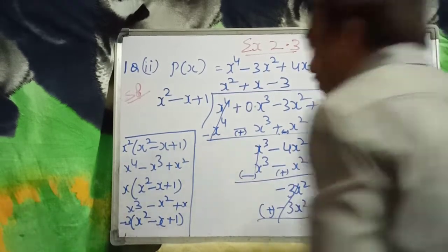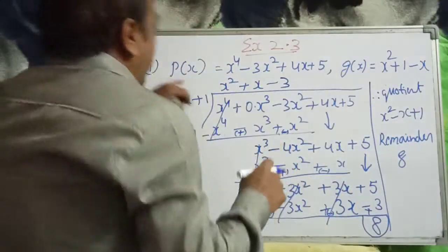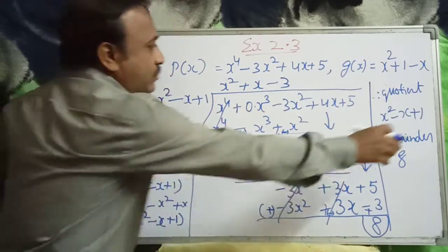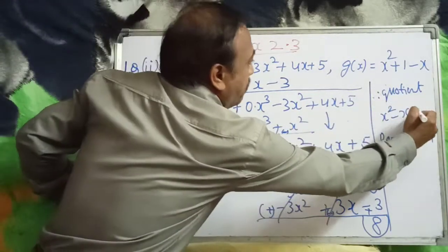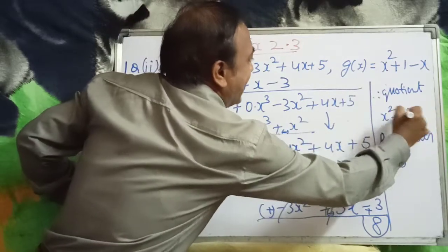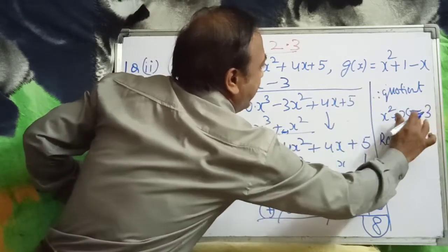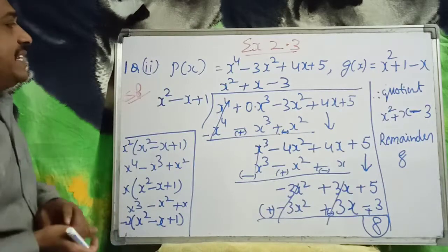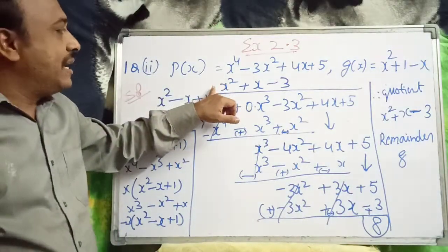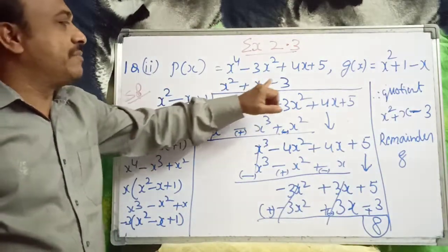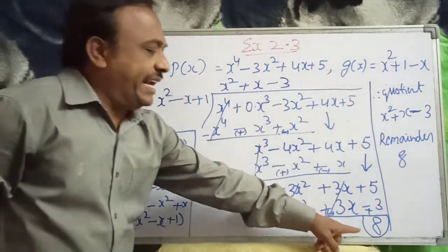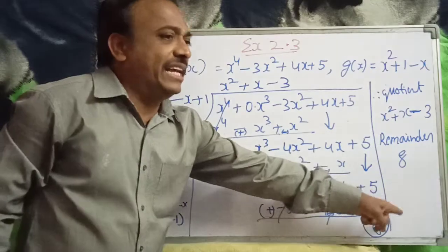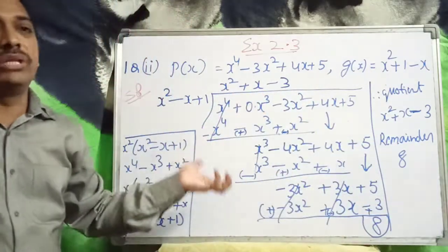Quotient is x square minus x plus 1, no, it's not plus 1, it's minus 3: x square plus x minus 3 is the quotient, and the remainder is 8. This is how we do the division.